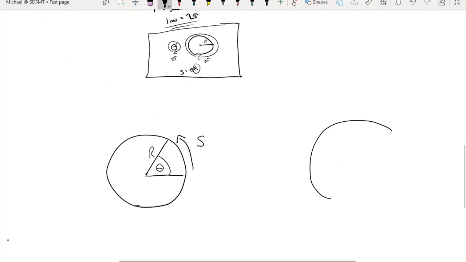But what if we were to consider, let's take something like a meter stick. So our radius is 1 meter, but we're going to place some marks on that meter stick and just kind of sketch out the path that those marks are going to make as they go around the circle.